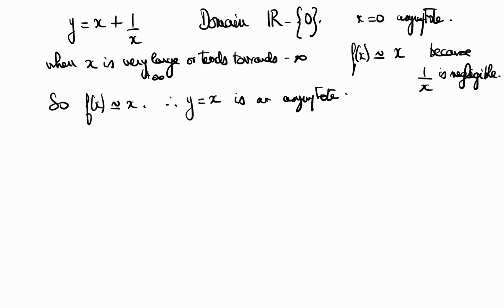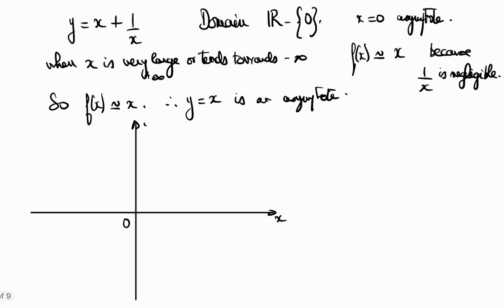Okay, so let's graph that. So we said x equals 0 is an asymptote. So let's write it in red, this one. And then there is y equals x.